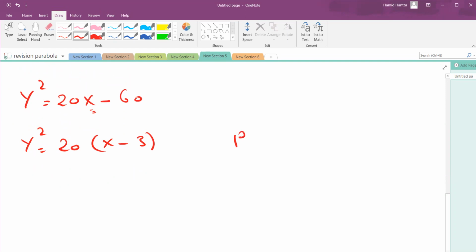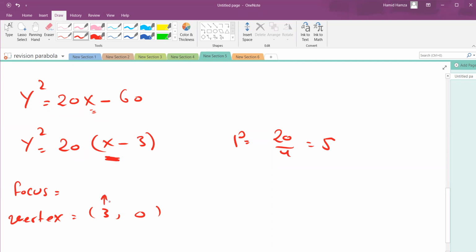ال p equals 20 over 4 يعني equals 5. دي ال p. طيب الفيرتكس: x equals 3 and y equals 0. Focus will work with x, change x.